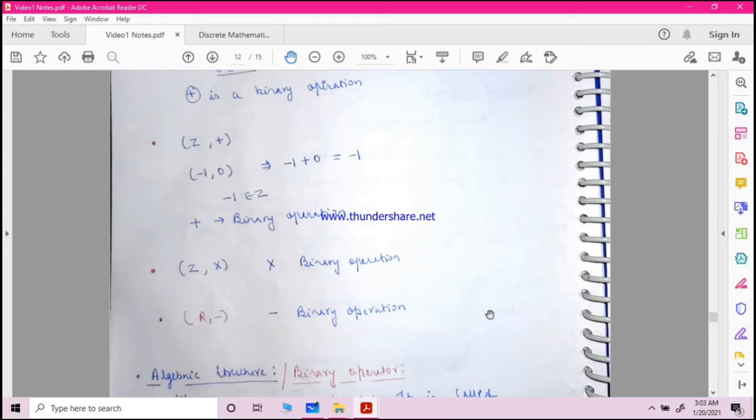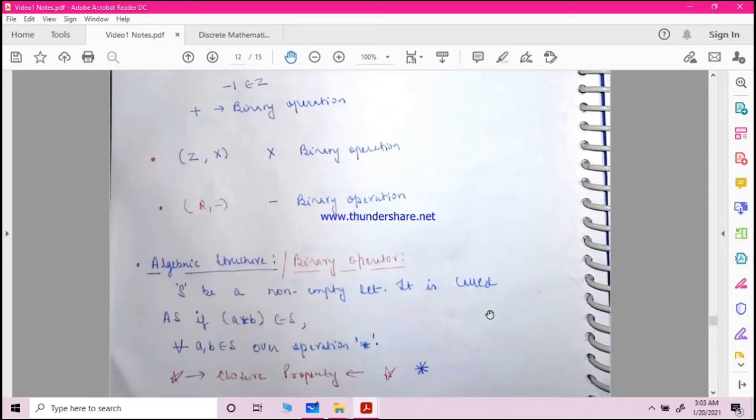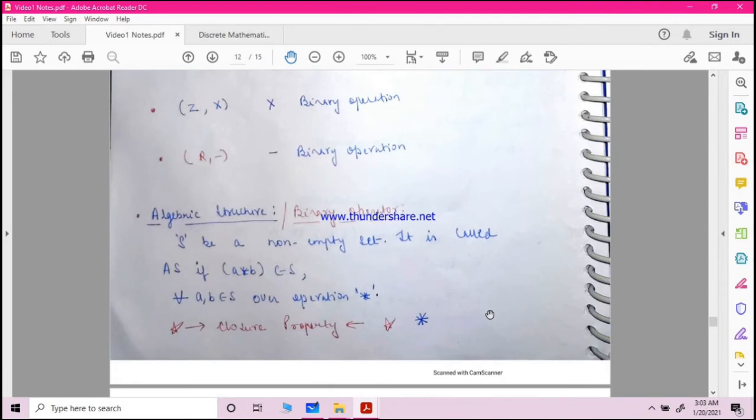So now what is an algebraic structure and what is the binary operator? S is a non-empty set. It is called closed if A cross B belongs to S for all A, B belongs to S over operator S. And this is the closure property.